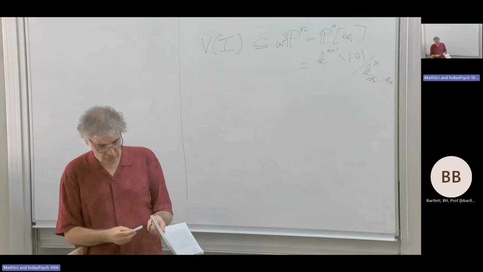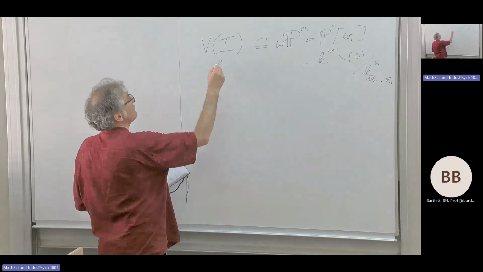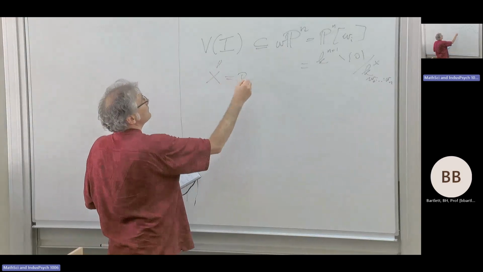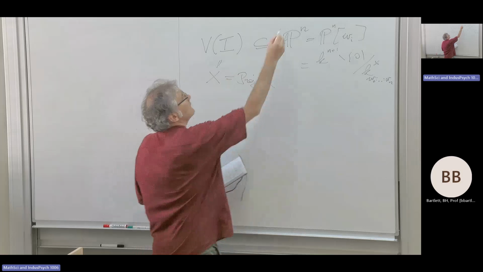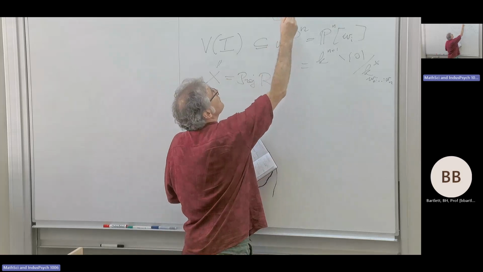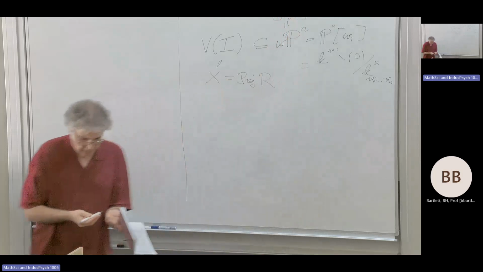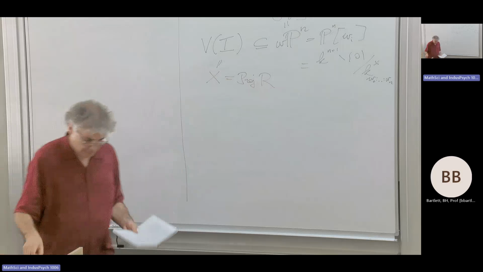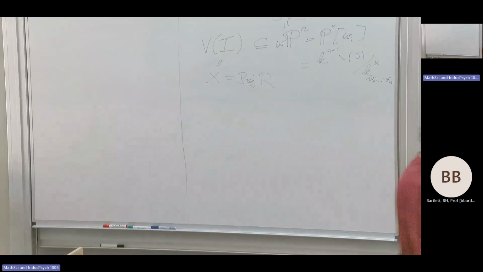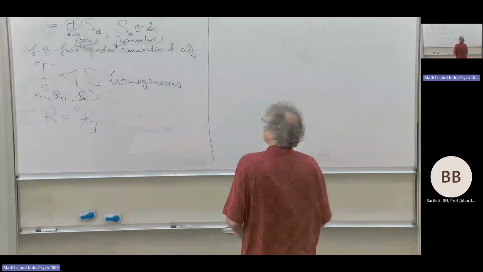So that's the geometric story. So this is our X, and this is Proj of R, and this guy is Proj of S. Okay, but for now I'm just going to focus on the algebra.